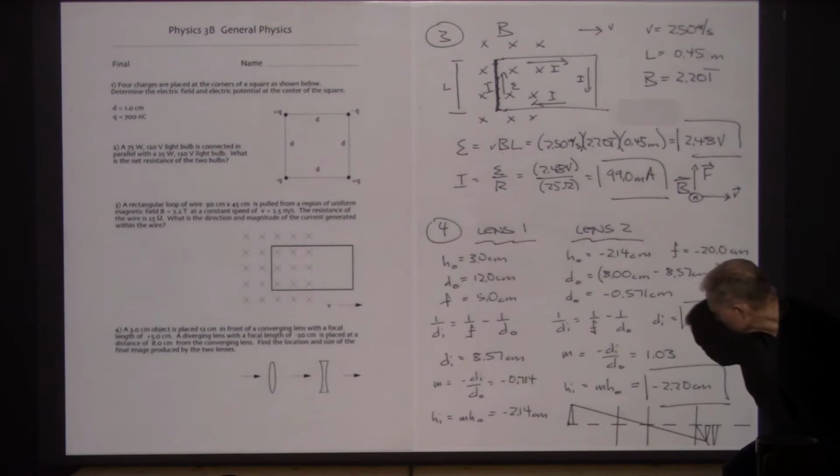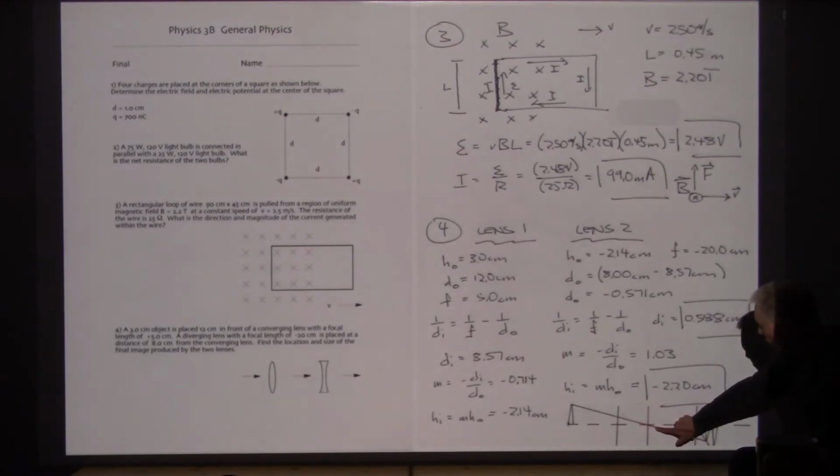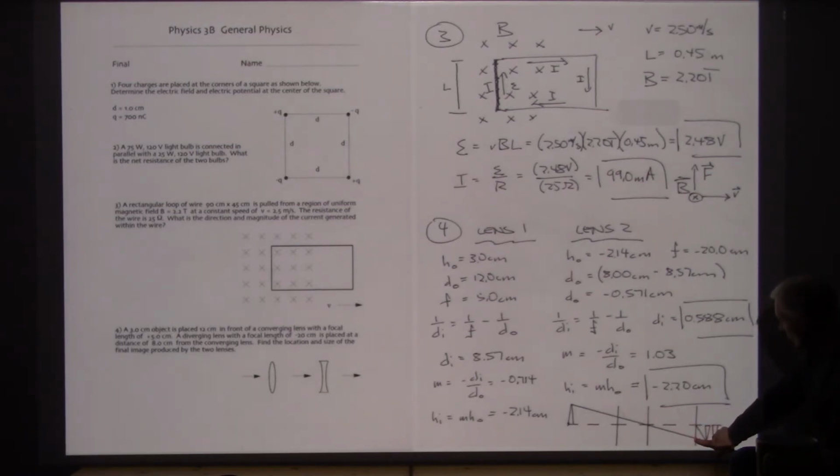Well, let's go back and look at the diagram. What we found was that the image from lens 1 landed just beyond where lens 2 is located, and that says that whatever that distance is right there is going to be DO, and it's going to be a virtual object.